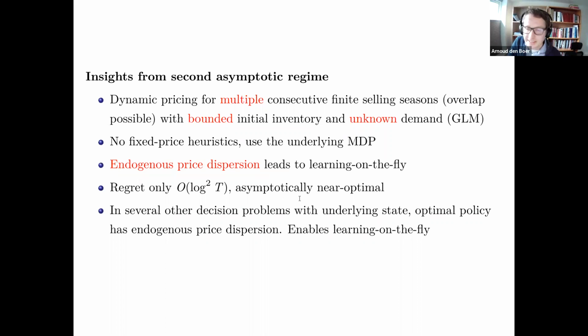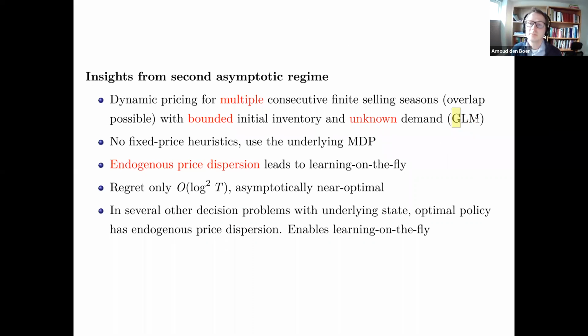Now, maybe that's nice to emphasize. We use a parametric demand model, in particular a generalized linear model. The demand is some function of theta 1 minus theta 2 times price. Now, after the break, I will talk about model selection.